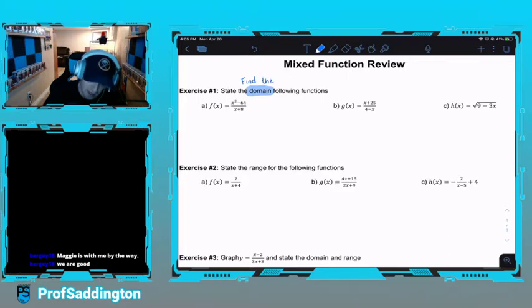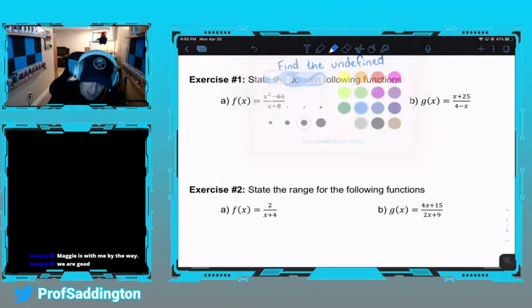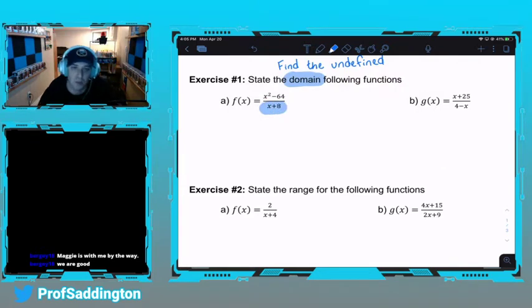So what we need to do is find where it's undefined first, and then we can state the domain. So we're going to find the undefined. In order to find the undefined, what we were told is, just look at that denominator and find a value that you can plug in for x that makes it not work. Algebraically, what we did is we just took that denominator and set it equal to 0.